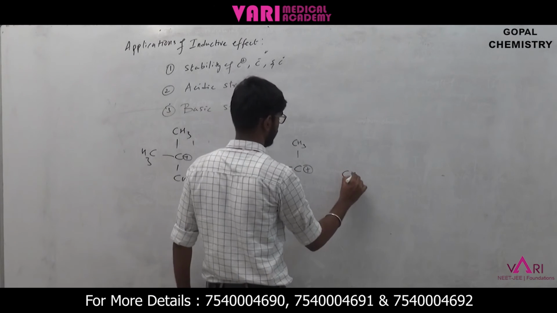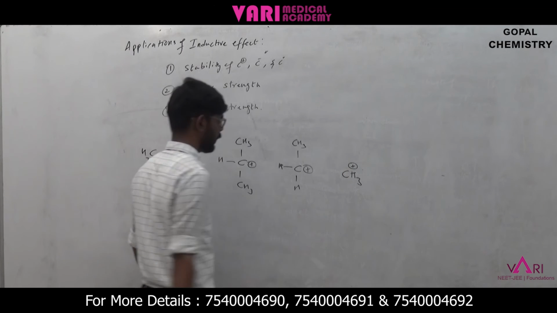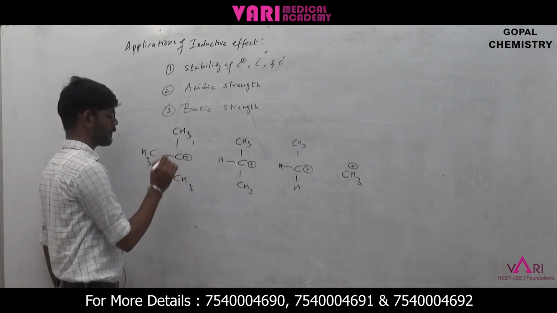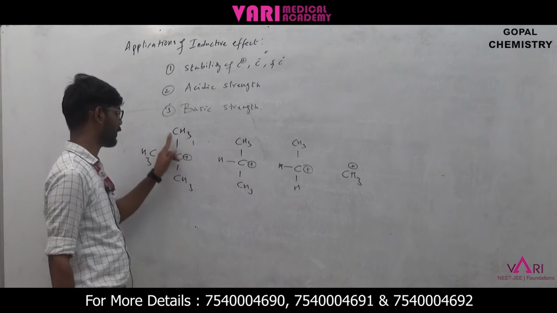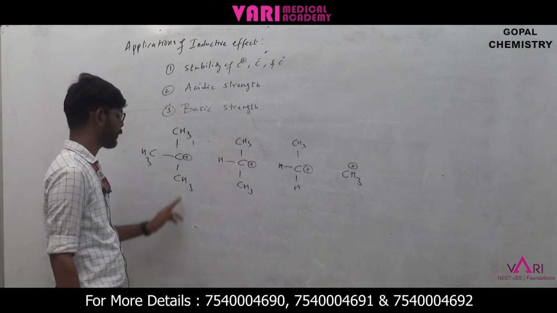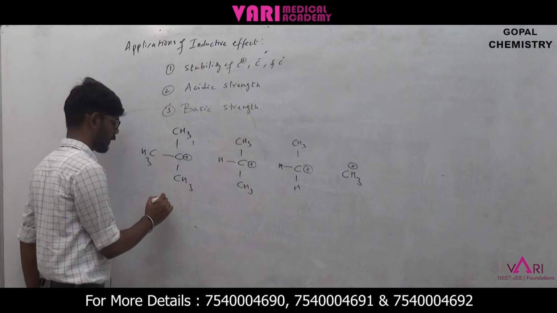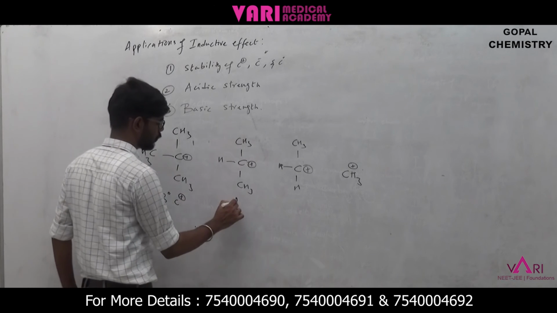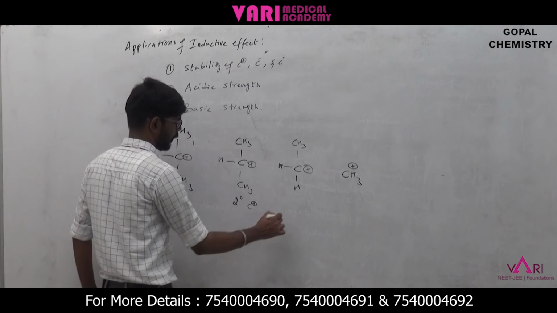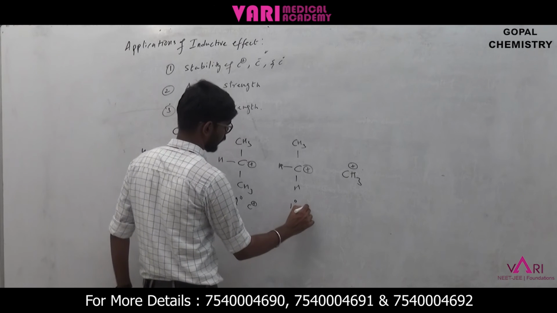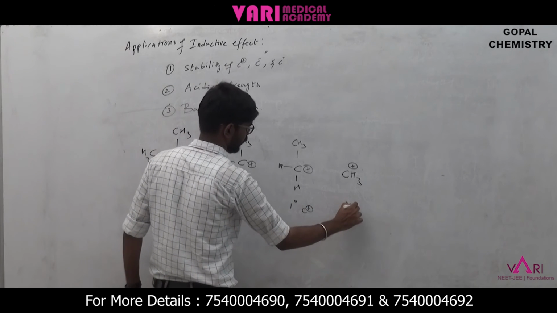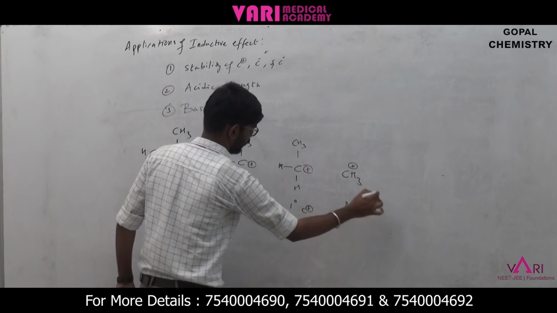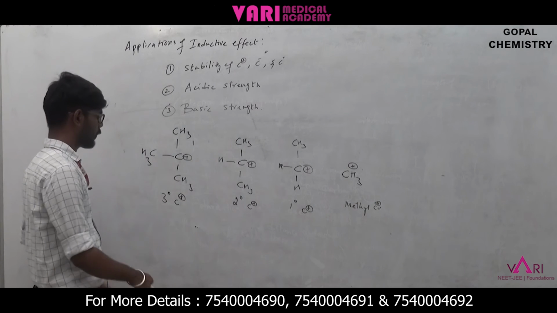If you consider this type of carbocations, see, this carbon is bonded with 3 methyl groups, so this is a tertiary carbocation, or 3 degree carbocation. This one is a 2 degree carbocation, and a primary carbocation. This is a methyl carbocation.